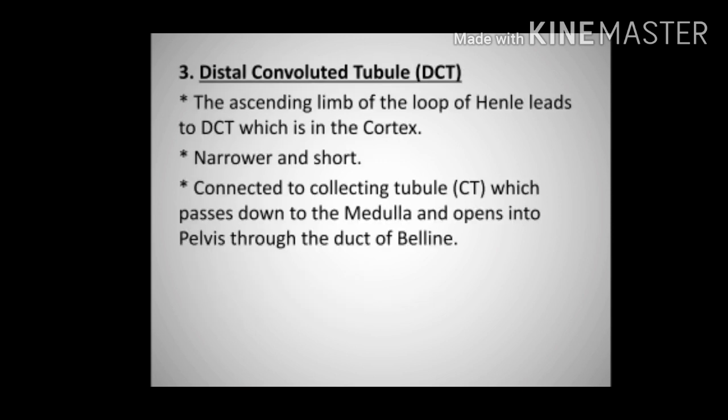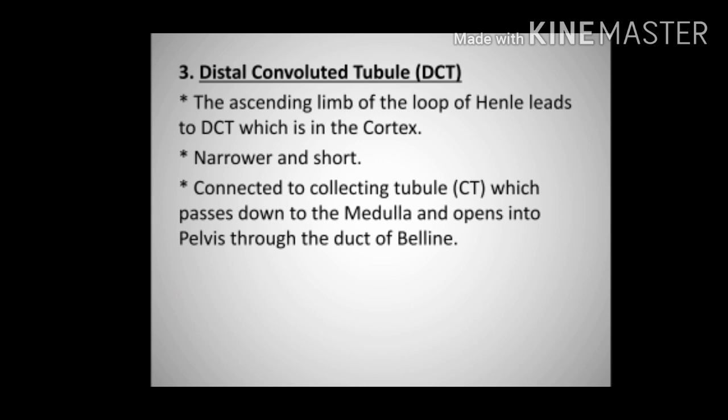The third part of renal tubule is distal convoluted tubule, which is also known as DCT. Let us understand the meaning of these words. Distal means away from the main body. Convoluted means twisted or folded. Tubule means small tube-like structure.